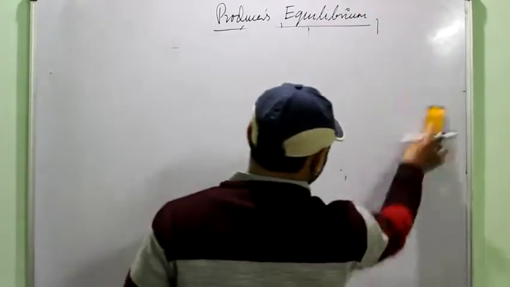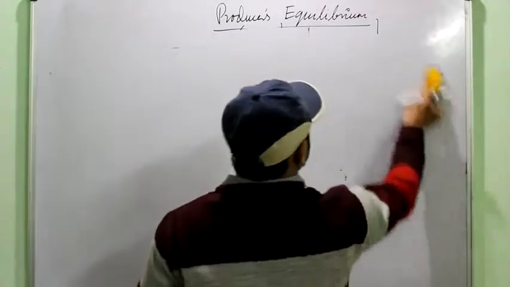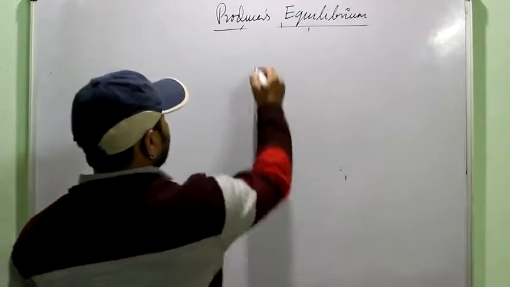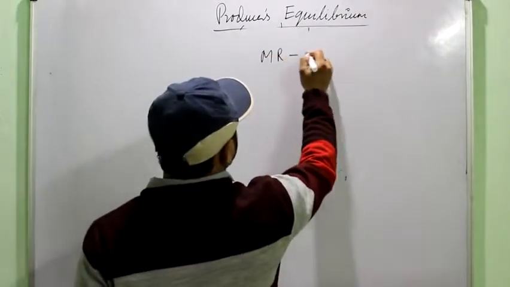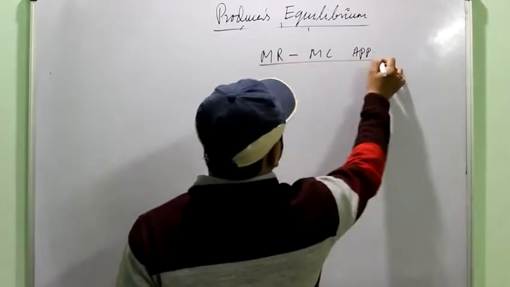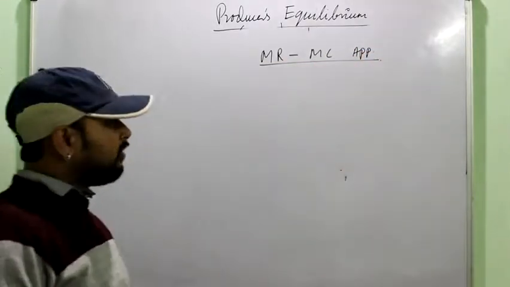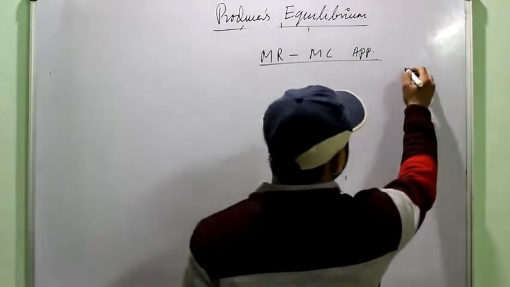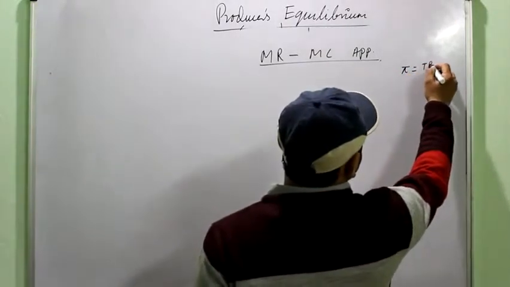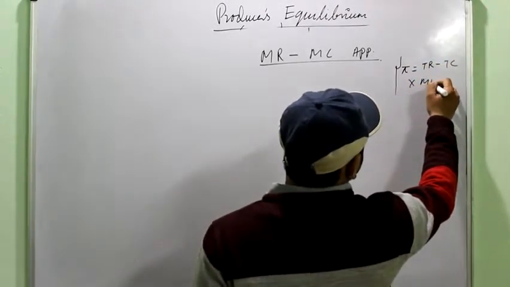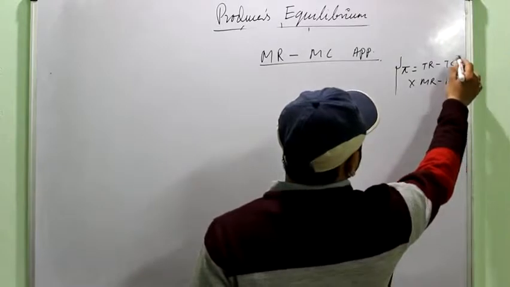Then in more detail we have to study the marginal revenue and marginal cost approach, that is the MRMC approach, which is more important and more likely to be in your exams. Okay, before moving on to this MRMC approach, we should take a precaution: remember that profit is total revenue minus total cost, and not marginal revenue minus marginal cost.